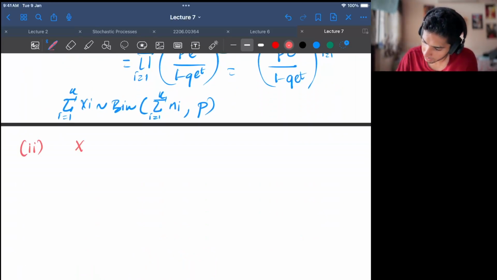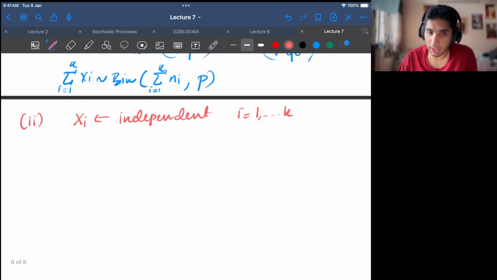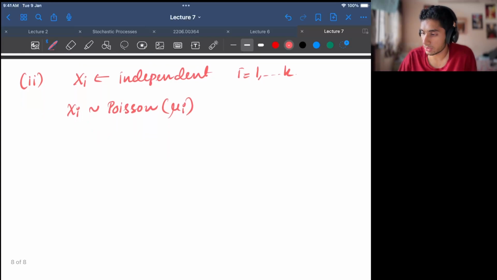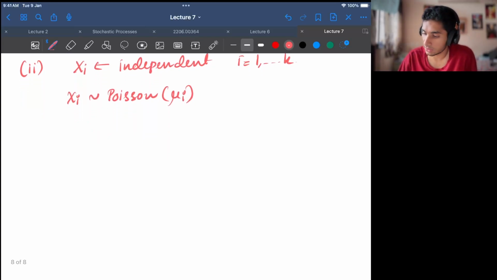It is given to you that x1, ..., xi are independent, i equal to 1 to k, and each xi is distributed according to Poisson distribution with parameter mu i. The question being asked is, what is the distribution of summation xi, i going from 1 to k?